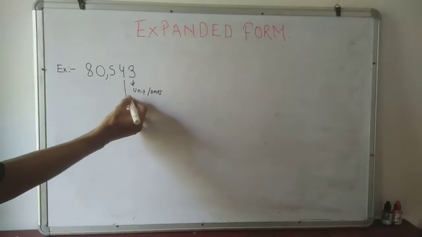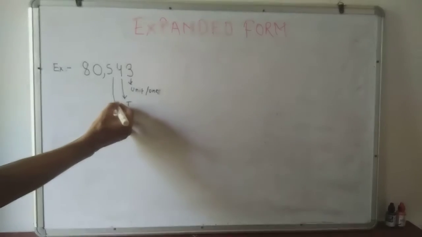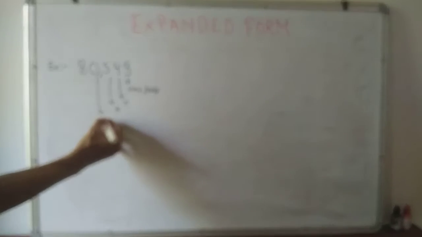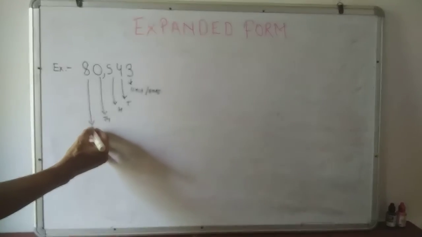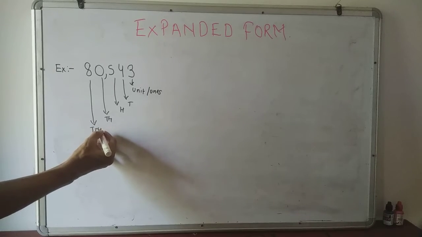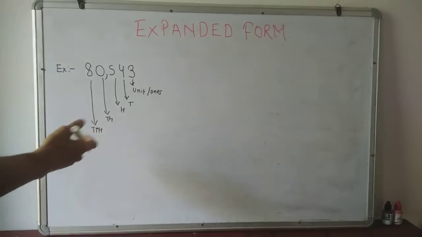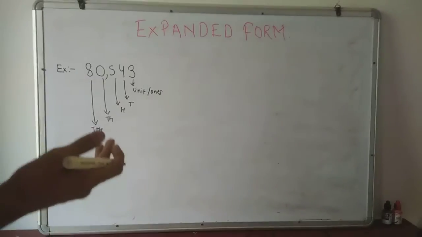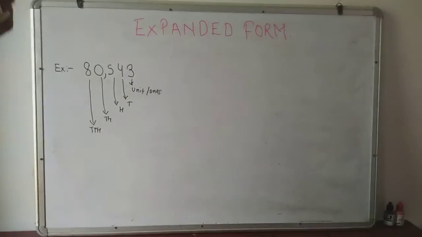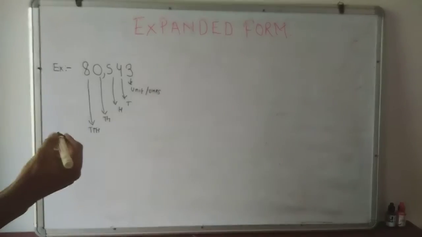The second digit represents tens. The third digit represents 100. The fourth digit represents 1000. And the fifth digit represents 10,000. If you learn this place value chart, then it will be easy for you to expand any number in proper format.